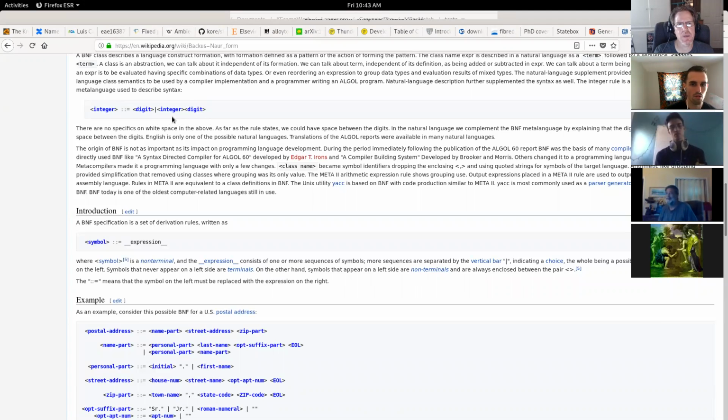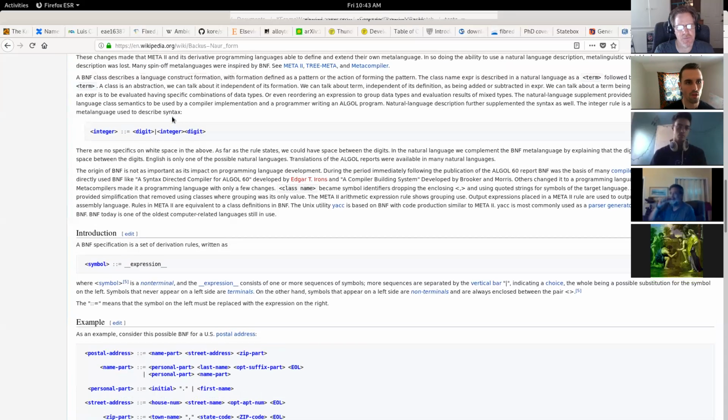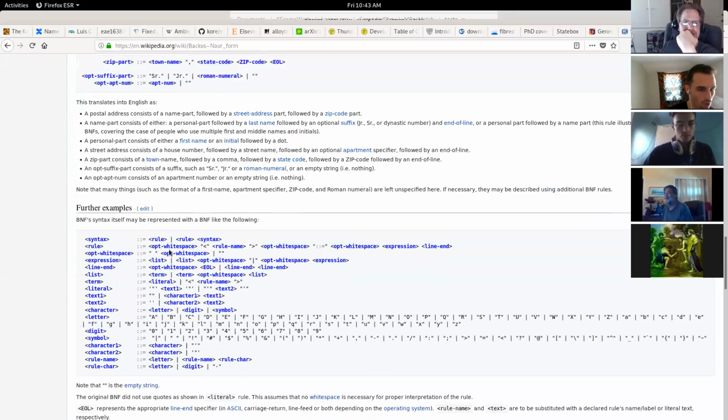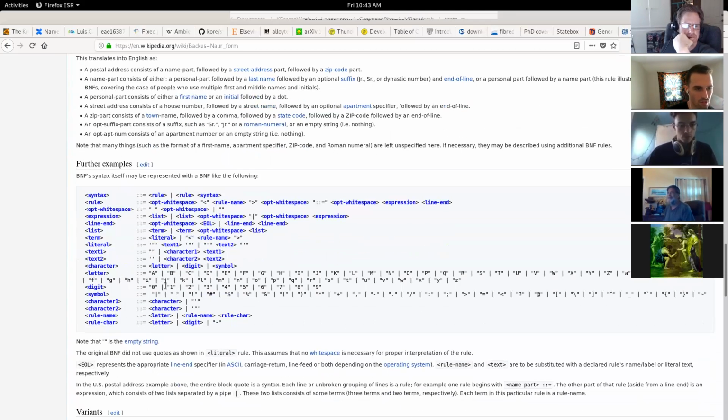So that would be BNF in its basic explanation of what the formatting is. And you would define a digit as being a 0 or 1 or 2, with the vertical bar or more. Actually, I guess they do technically have the single digits defined right here.